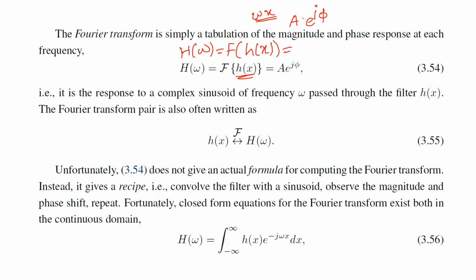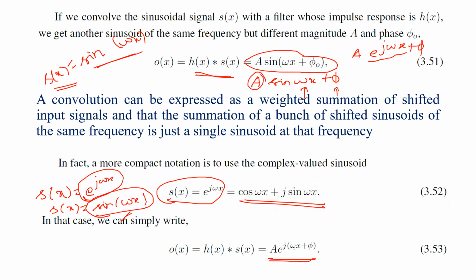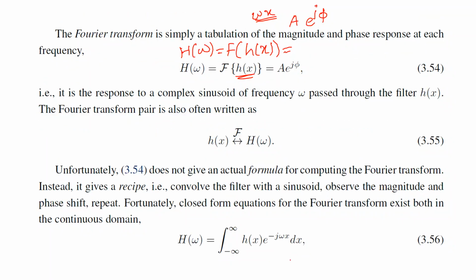Compared to the previous result, this omega x is representing the input. So on applying the Fourier transform for the filter, the input alone is omitted, and the remaining A e power j phi is retained. This is nothing but the pair notation.